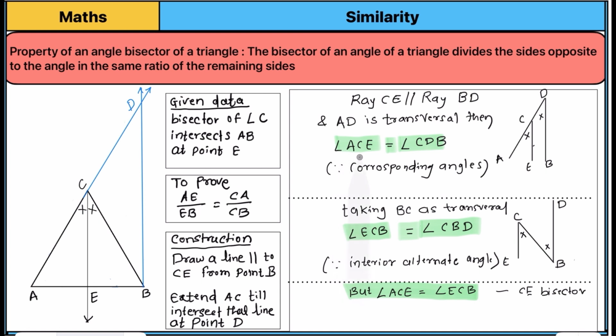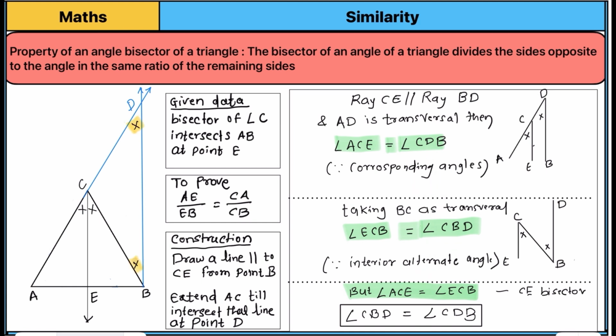Angle ACE is equal to angle CDB. Angle ECB is equal to angle CBD. But angle ACE is equal to angle ECB. That means these two angles on the LHS are equal, so we can conclude the RHS angles are also equal. That means angle CBD is equal to angle CDB.